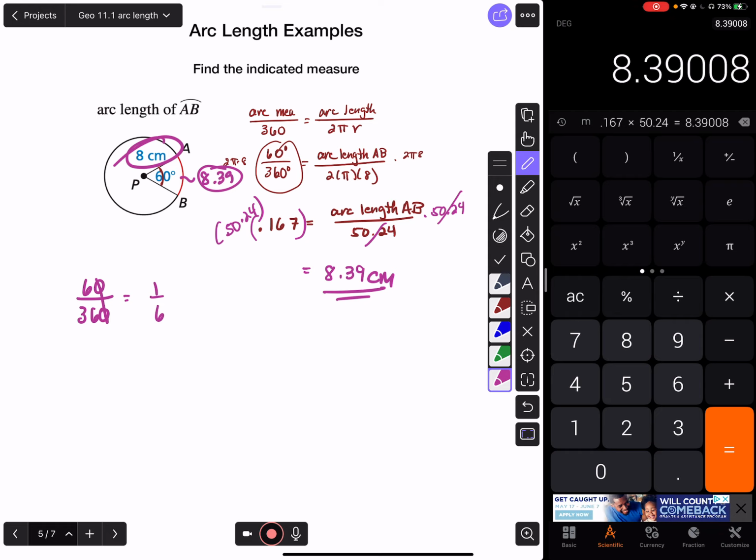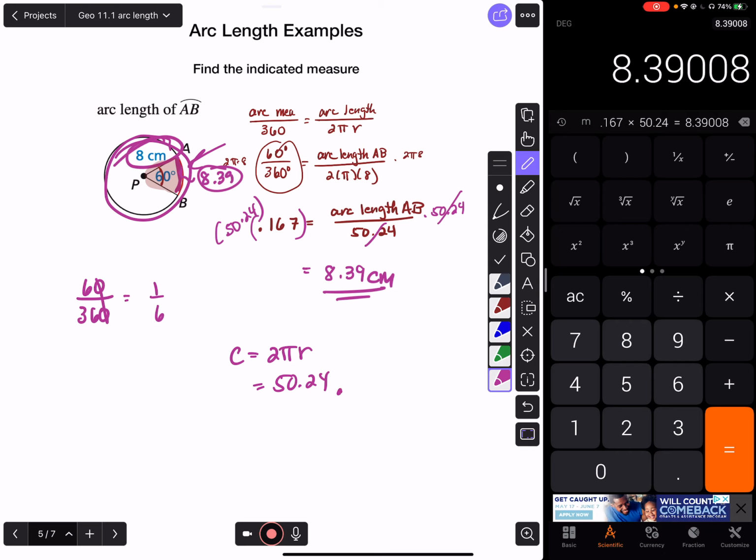So I have 1/6 of the circle right there. And then what I do is I say, well, what's the circumference of the circle? Well, circumference is 2 pi r. And that's what I calculated to be 50.24. So the whole circle is 50.24. I've got 1/6 of it for my arc length.